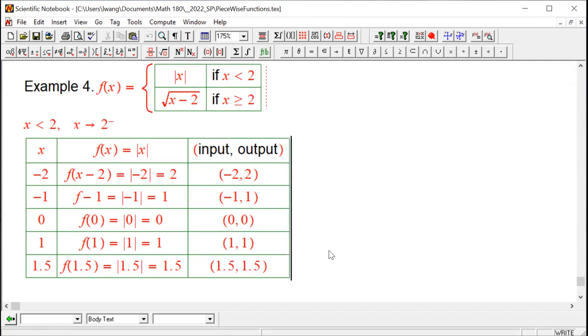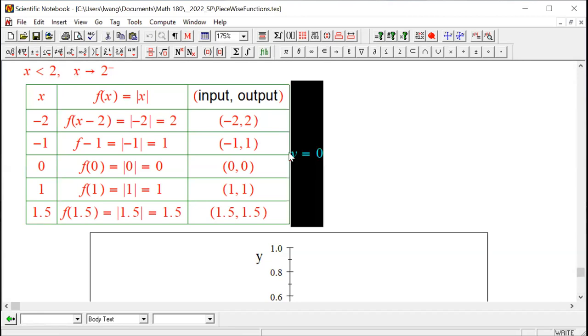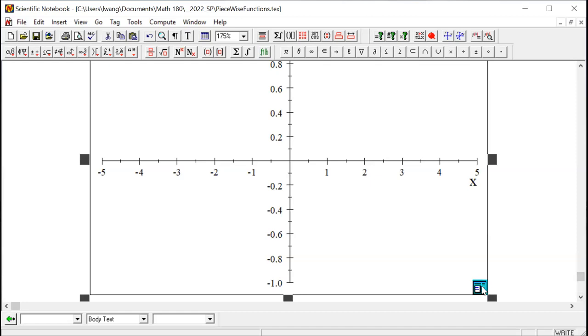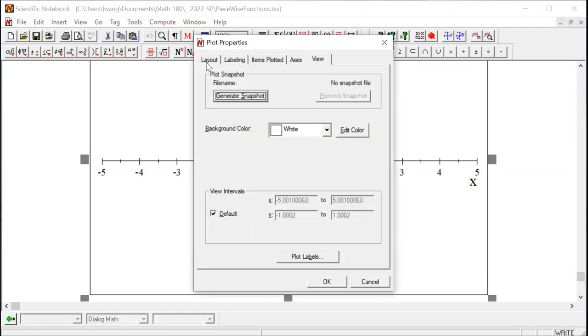So now if I set up a rectangular system and plot these points, what I end up with is some points.